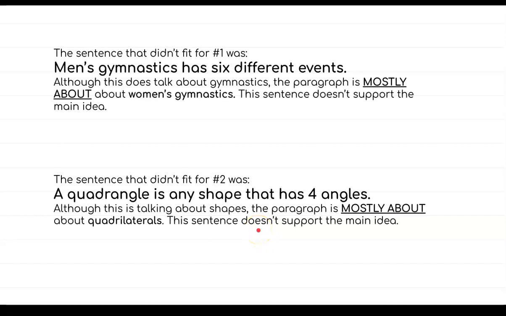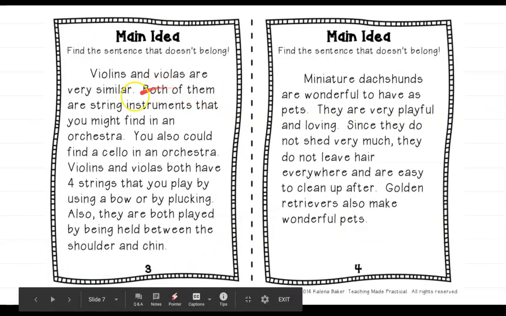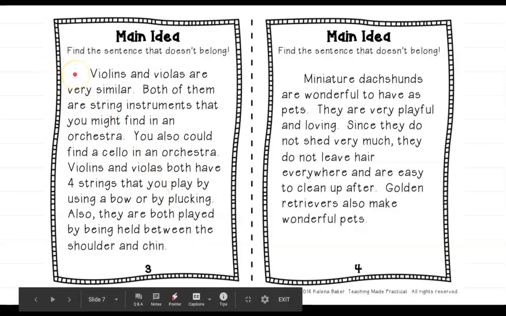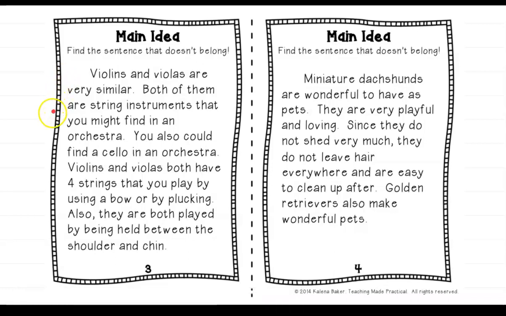Let's look at a couple more. Once again, I'm going to read this out, and I want you to tell me which sentence doesn't really need to be there because it doesn't help prove our point, okay? Violins and violas are very similar. Both of them are string instruments that you might find in an orchestra. You could also find a cello in an orchestra.